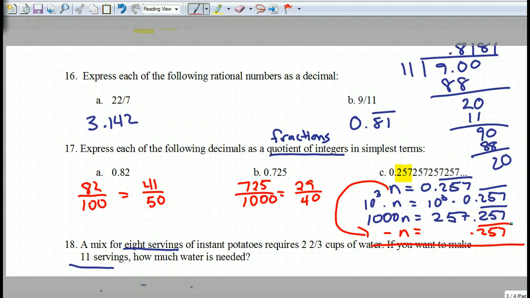That gets rid of the repeats. So now I have 999n equals 257. If I divide both sides by 999, this is my final answer.